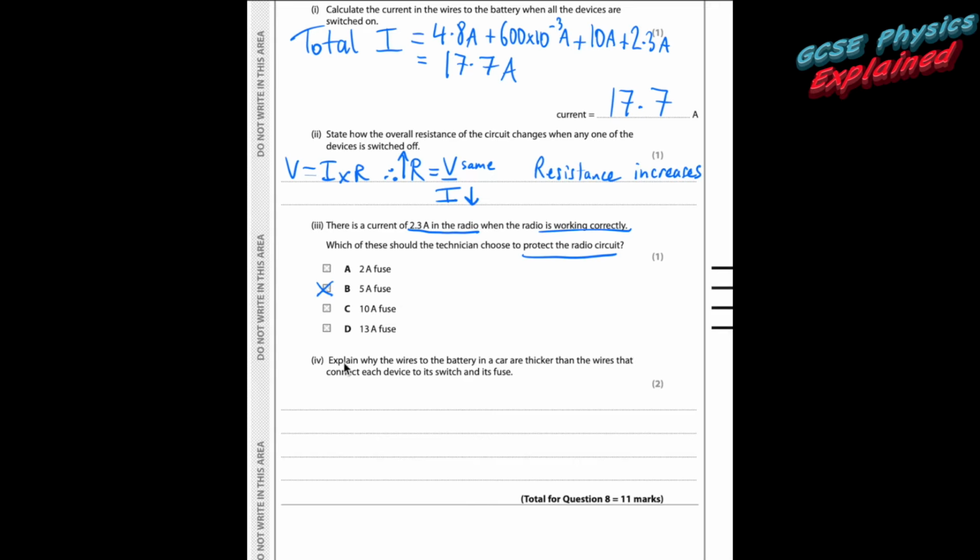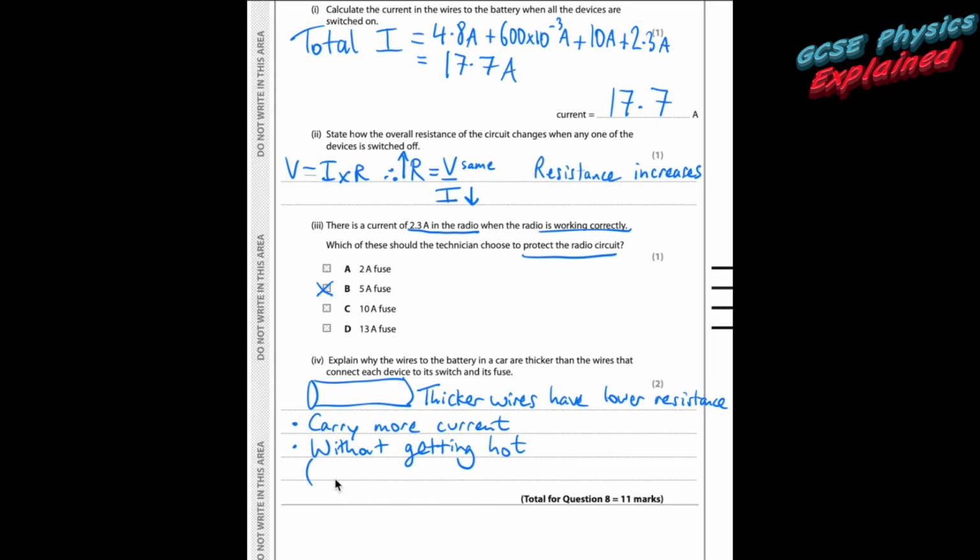Part 4. Explain why the wires to the battery in a car are thicker than the wires that connect each device to its switch and its fuse. Right, thicker wires have got a lower resistance. So that means they can carry more current without getting hot.